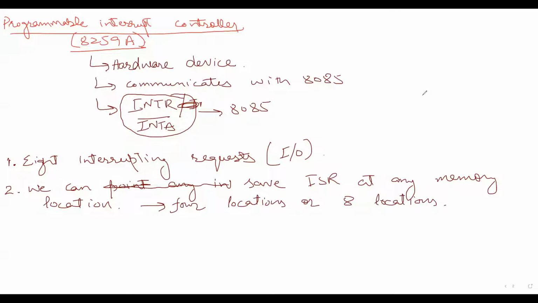That means every interrupt service routine can occupy either 4 locations or 8 locations.